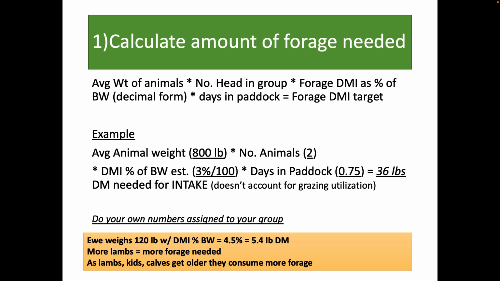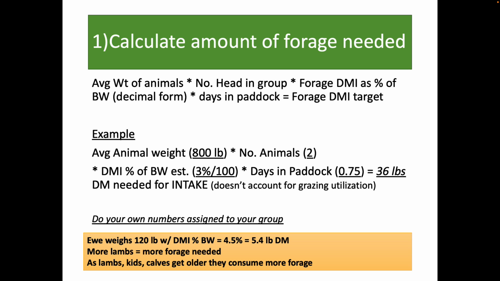You will have 2 animals in your paddock to maintain overnight, so the number ahead is 2. The percent dry matter intake as a percent of body weight is the same for everybody, which is 3. So write down 3. We've got to convert that 3% to a decimal, which is why I have divided by 100 behind that.